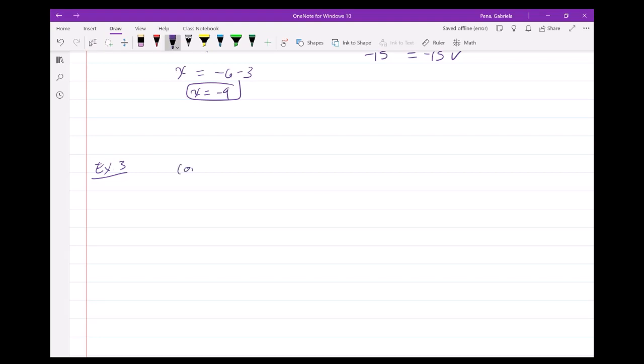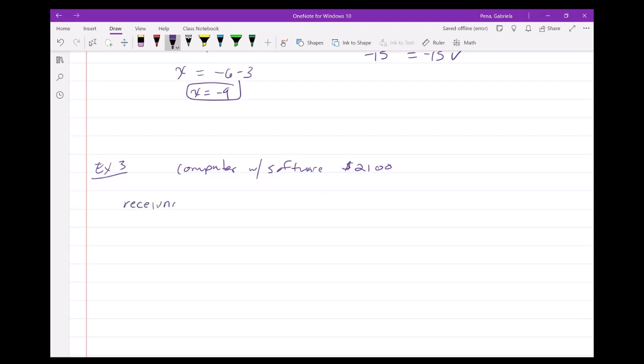So we have a computer with software, and they sold it for $2,100, receiving 4 times as much money for the computer system as for the software.